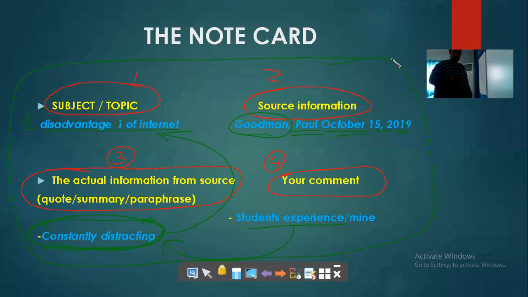So the reason why we're carrying this note card is to tell us that when I use this specific information, this topic, I will talk about the actual information in the form of summary, paraphrase, or what's the third form? Direct quote. And what is my comment about this that I make, I will write in a way it connects to my thesis statement, right? So this is an example of the note card. I'm moving on to the next one.